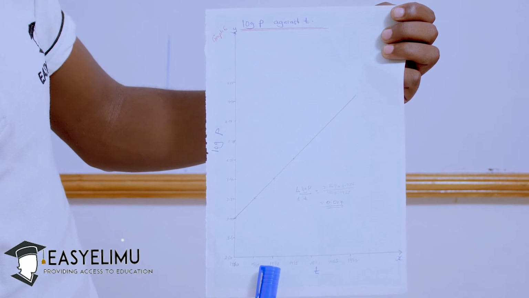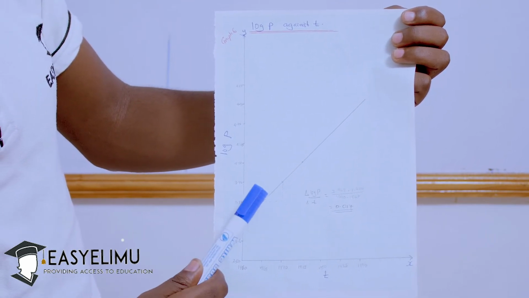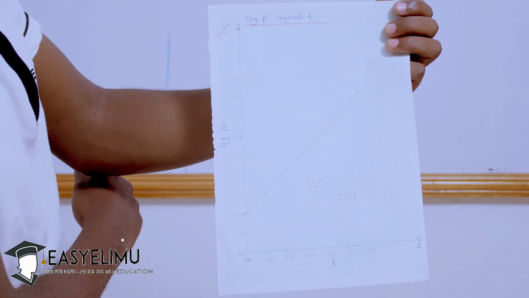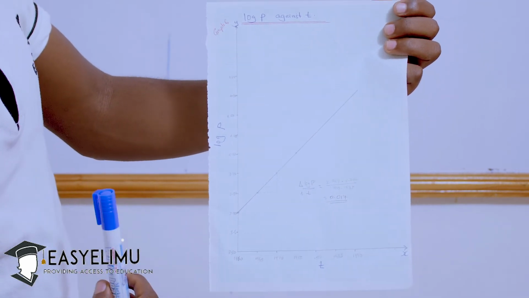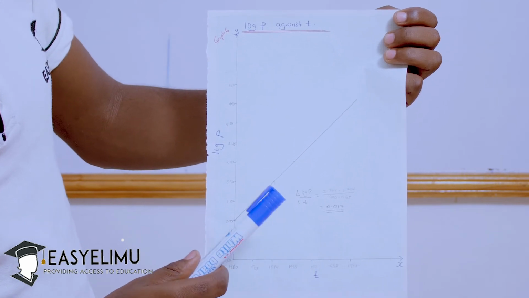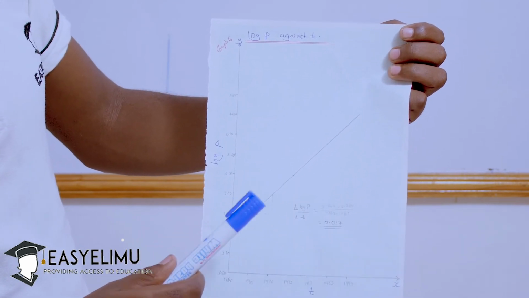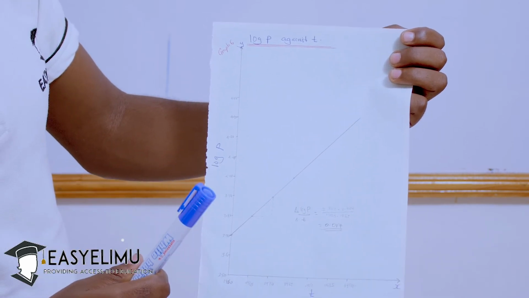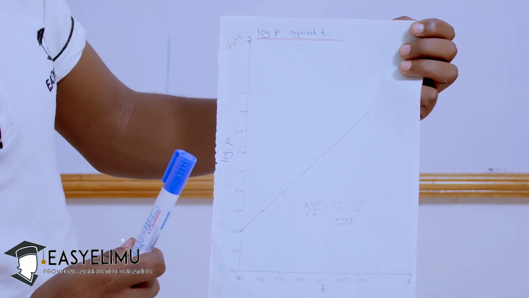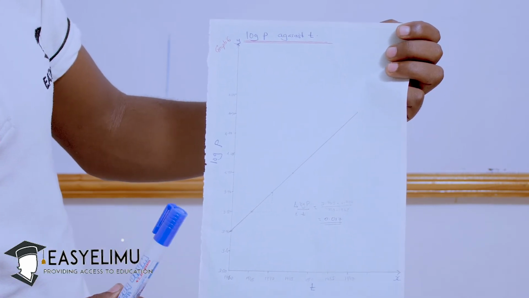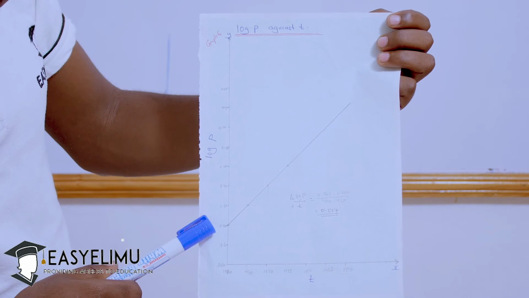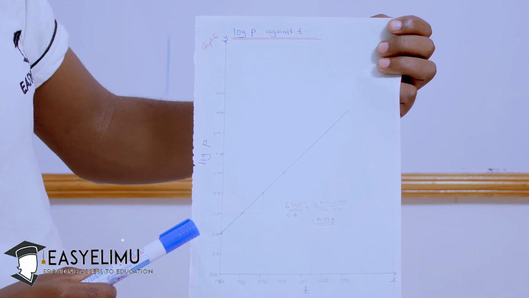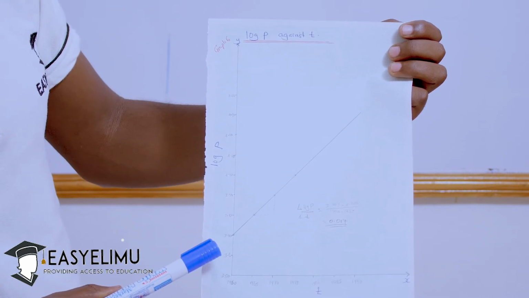So meaning it is 1970 minus 1965, and change in y, if you take it from the graph, is 3.869 minus 3.784, and you will find change in log p over change in t, or the gradient of the graph, is 0.017.